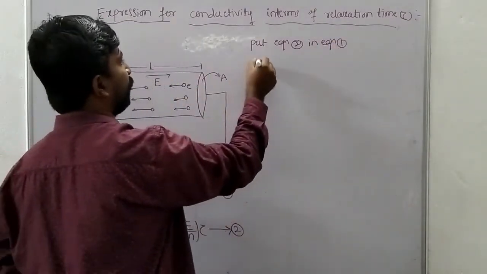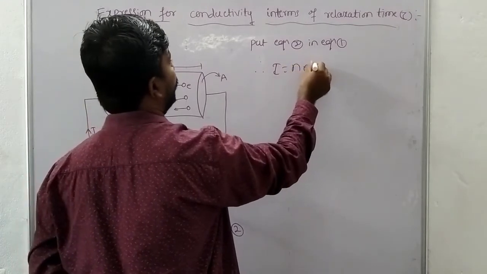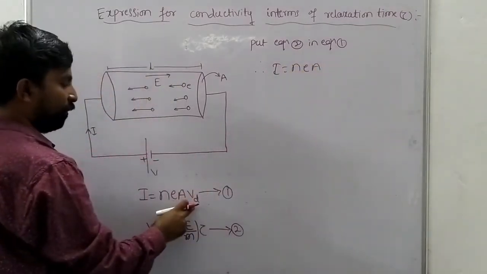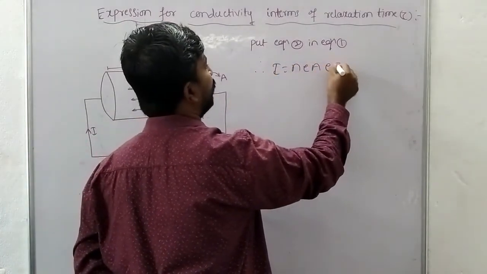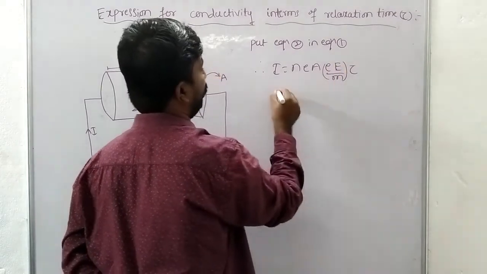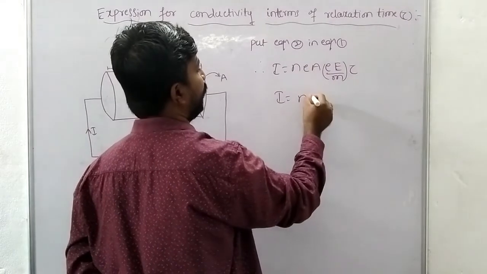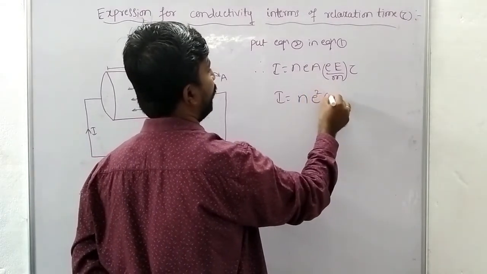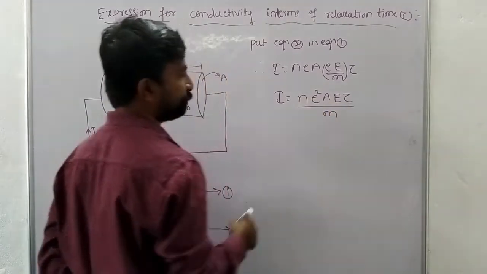So I is equal to N E A as it is, then Vd, the drift velocity, is e E by m into tau. Then I is equal to N e square A E tau by m.